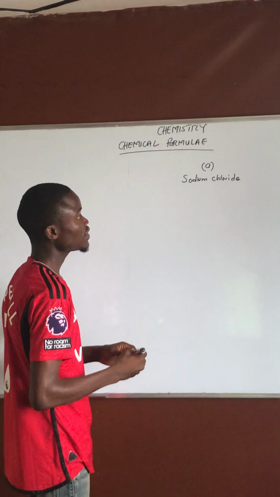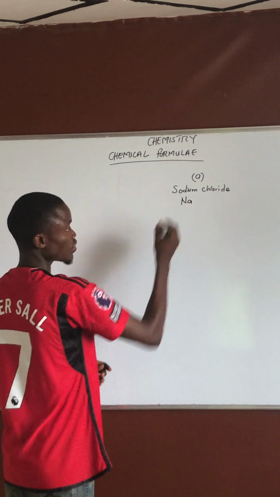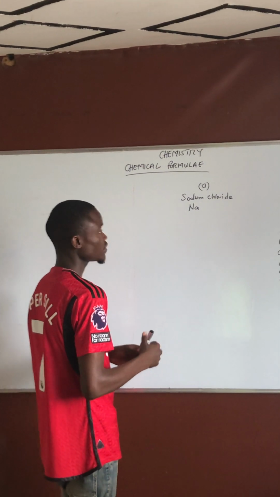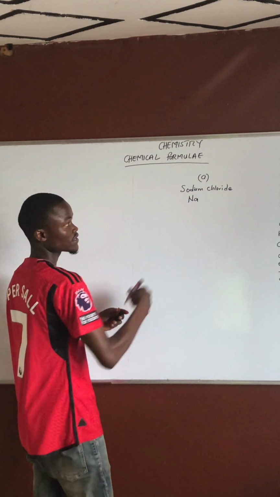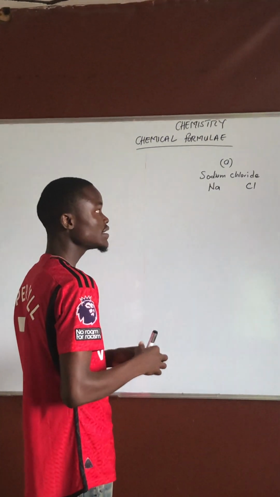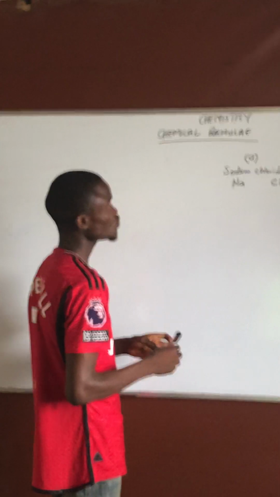The first step here is you need to write the symbol of a given element or compound. So for sodium, it is Na, while chlorine is Cl.